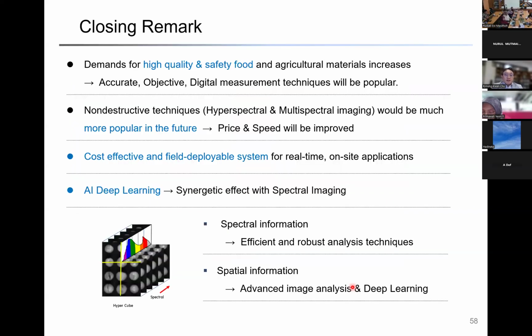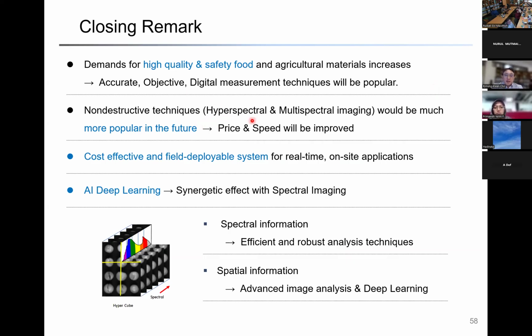Okay, this is a closing remark. The demands for high quality and safe food and agricultural material increase. So we need accurate, objective, digital measurement techniques, and that technique will be more popular in the future.